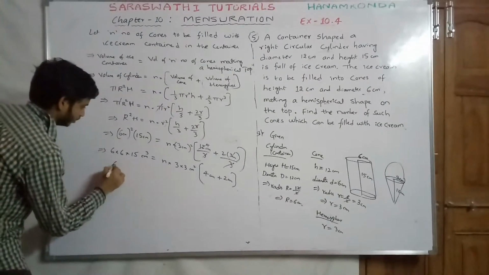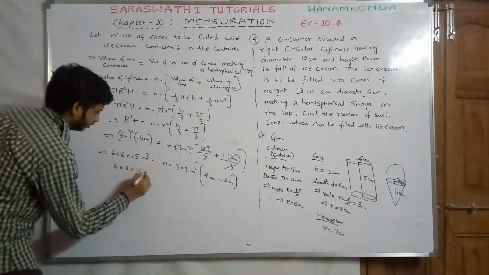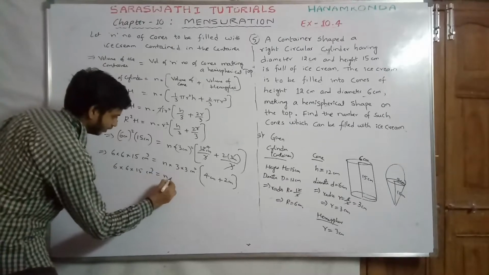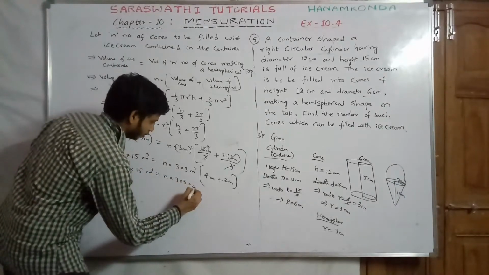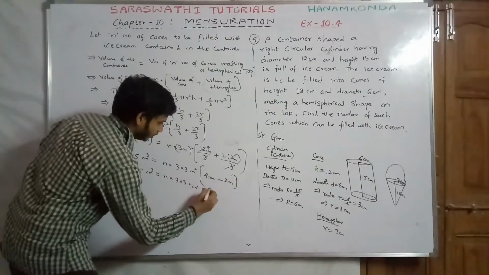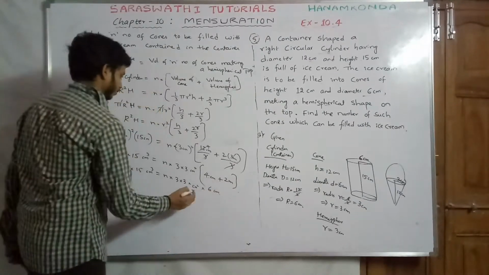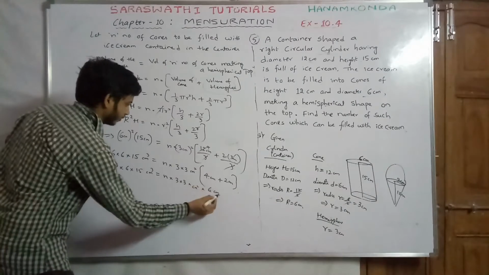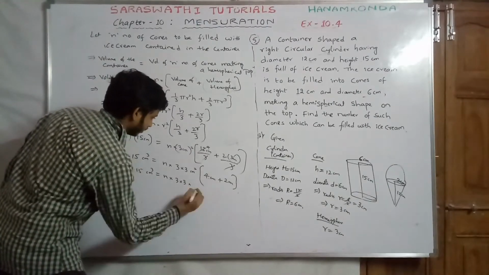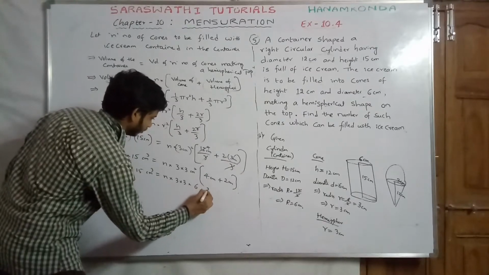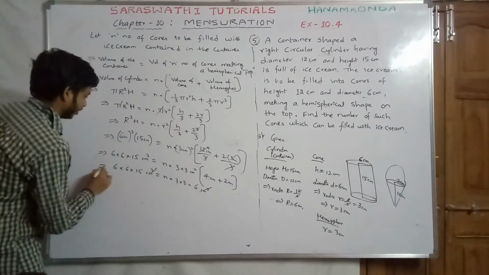It implies that 6 into 6 into 15 cubic centimeters equals n into 3 into 3 into centimeters square into (4 plus 2) which is 6 centimeters. Centimeters square into centimeter means cubic centimeters, so cubic centimeters gets cancelled.